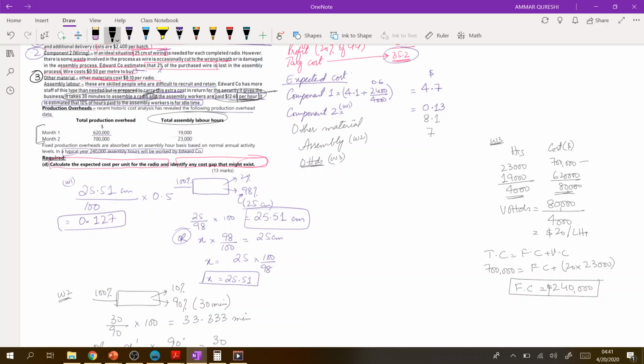Whenever you calculate fixed overhead from monthly data, you will get monthly fixed overhead. Whenever you calculate fixed overhead using quarterly data, you will get quarterly fixed overhead. So these 240,000 are not yearly fixed overhead. These are monthly fixed overhead, right?